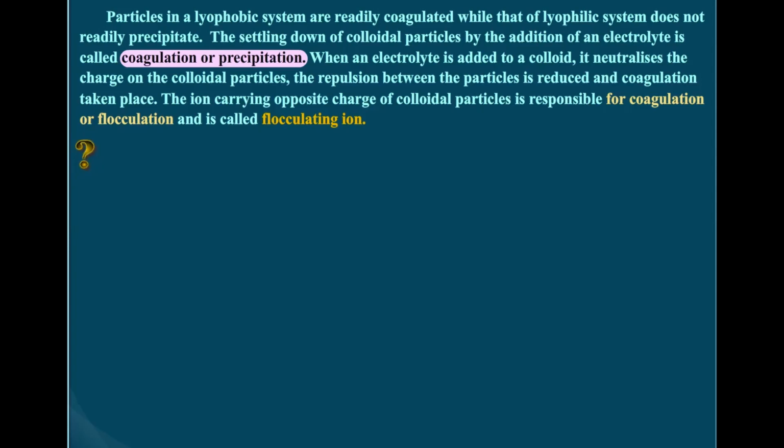When an electrolyte of opposite charge is added to a colloid, it neutralizes the charge on the particles and the repulsion between the particles is reduced. So all the particles will come together and coagulation will take place. The ion carrying opposite charge of colloidal particles is responsible for coagulation. It is also called flocculation and is called the flocculating ion.